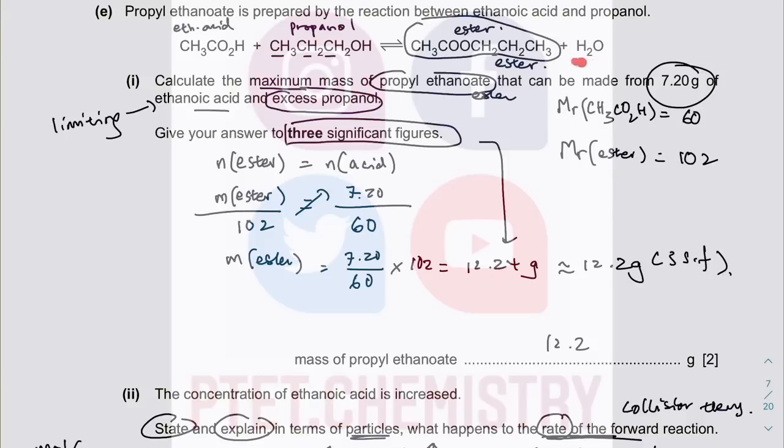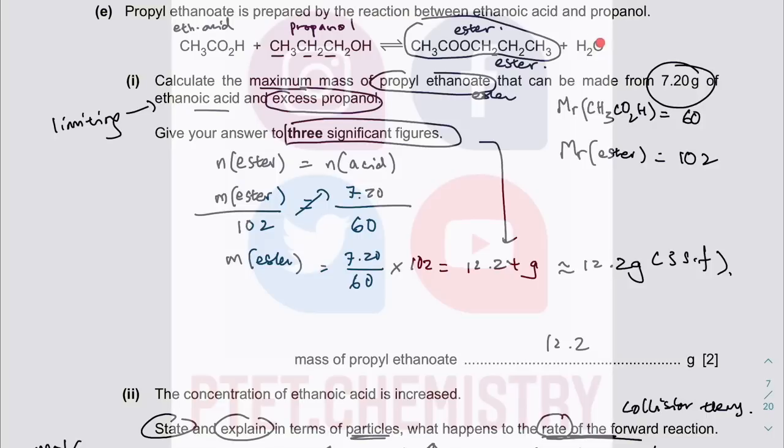Now, this is a product. If you remove the product, what is this equilibrium going to do? If you remove this product, the concentration of water will go down. This equilibrium will try to overcome the change, which is a decrease in the concentration. It will try to increase the concentration of water. Because you have decreased the concentration of water by removing it, equilibrium will try to produce more water.